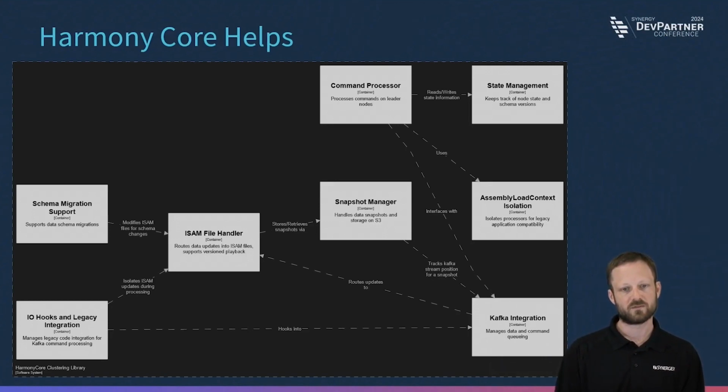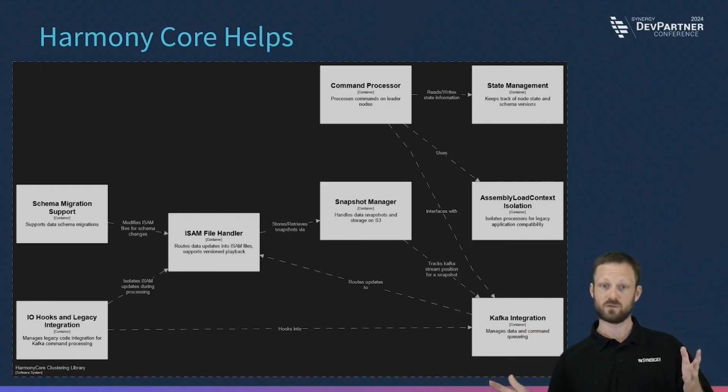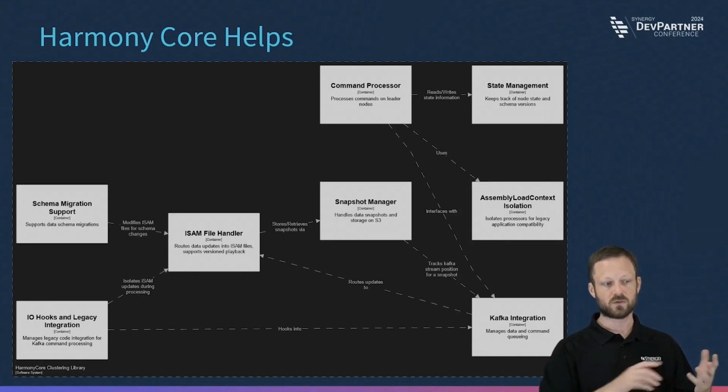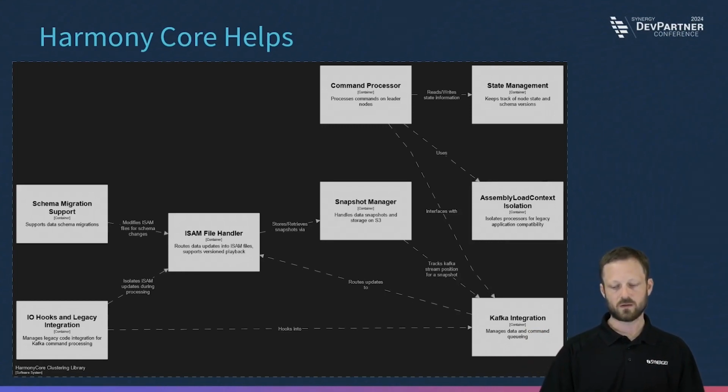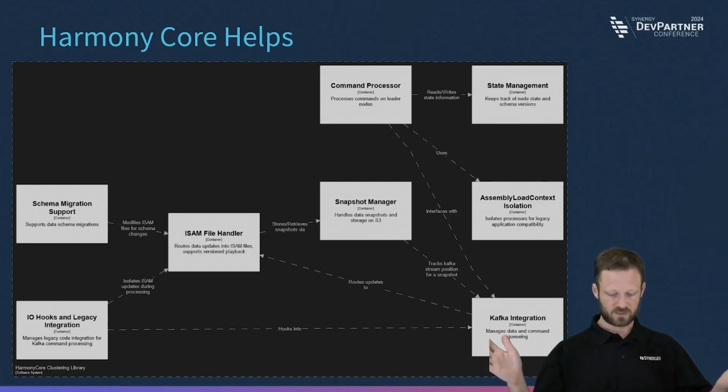We have snapshot as a concept. So remember, when we're talking about this, we've lifted all of the changes that happen to all of the ISAM files in our system into Kafka. So it's sitting out there in a topic and some partitions, and they're ordered and they exist.